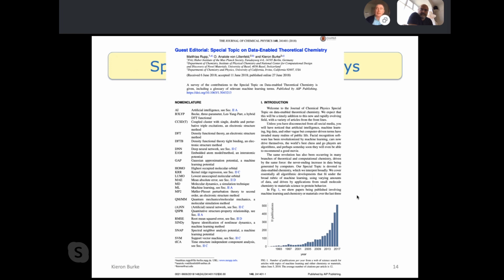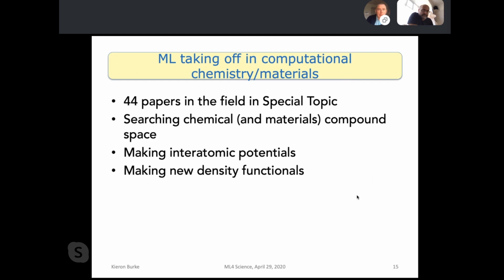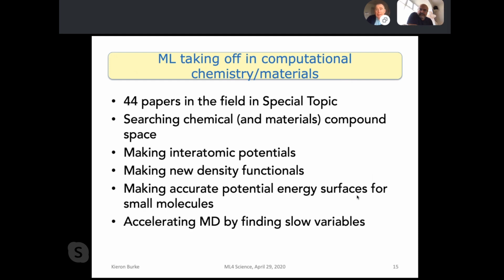So it's a very hot topic these days. So it's taking off. This is just a summary of some of the things that are in that special topic. It's just a slice of things. It's not comprehensive. The field moves way too fast.